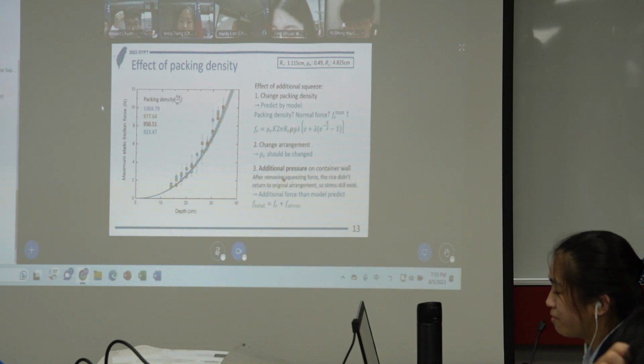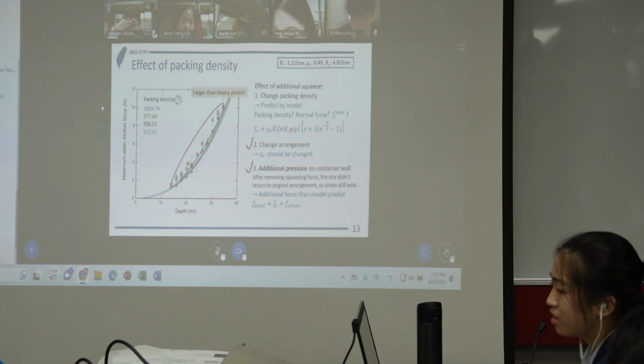After we remove the squeezing force, the rice didn't return to the original arrangement, so the stress still exists. And it will cause additional force than the model predicts. Here we can find that the experimental result is larger than the theory predicts, and the deviation is from the change in arrangement and the additional pressure that acts on the container wall.